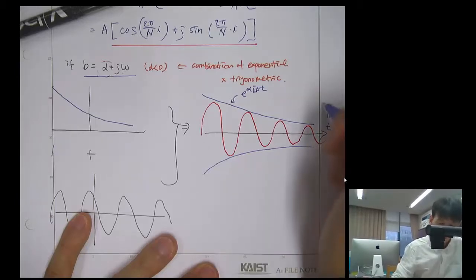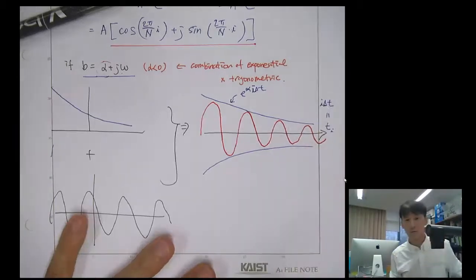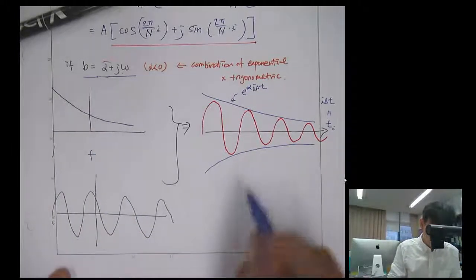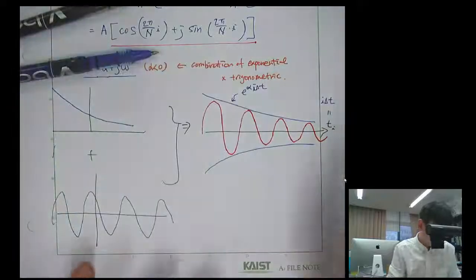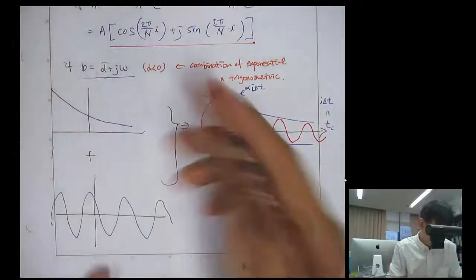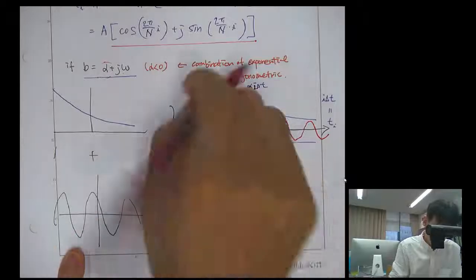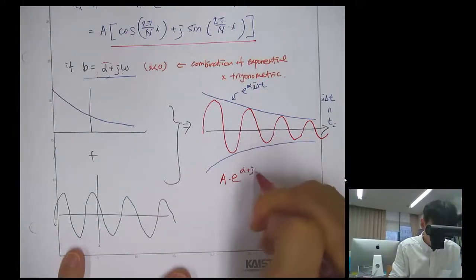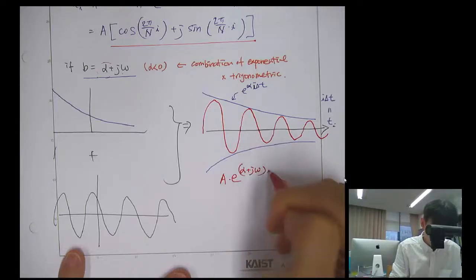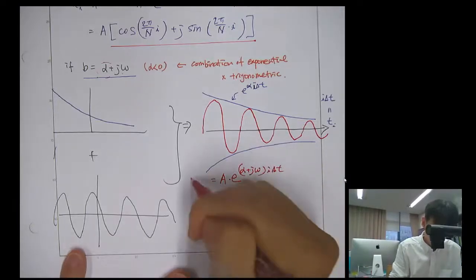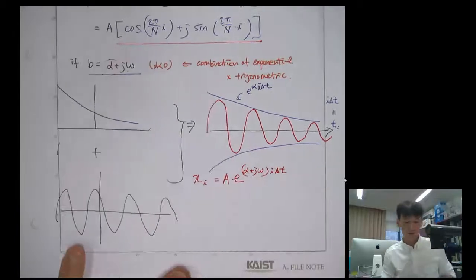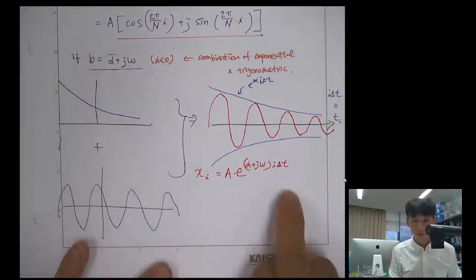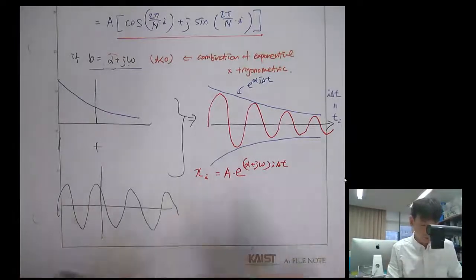Time i is i times delta t, on the x-axis. And the whole function will be like this one: a times e to the alpha plus j omega, i delta t. And this is very similar to what we've seen in chapter 6, right?